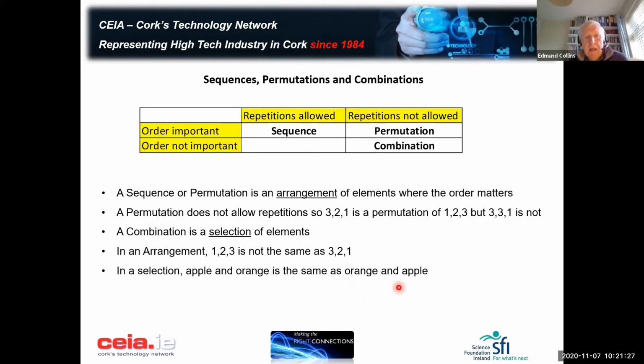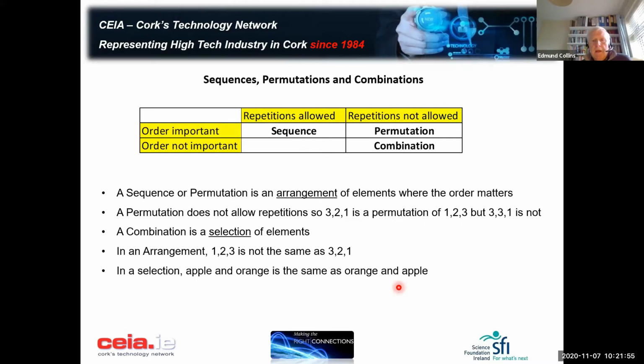Now, we'll have a quick look at sequences, permutations, and combinations. So this number theory, all these combinations, permutations, and so on, this part of mathematics is used a lot in coding, in security, ciphers, and so on.